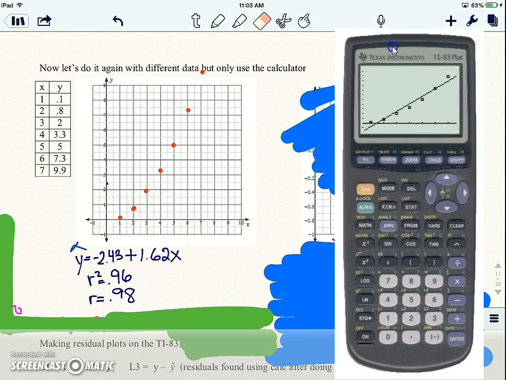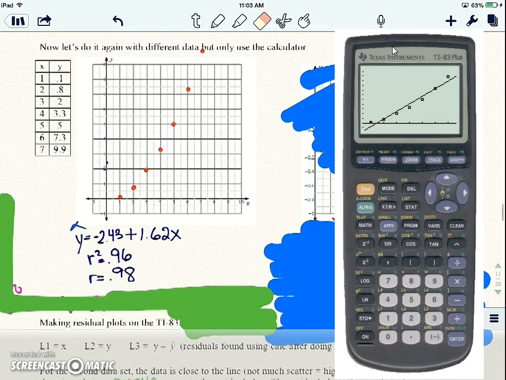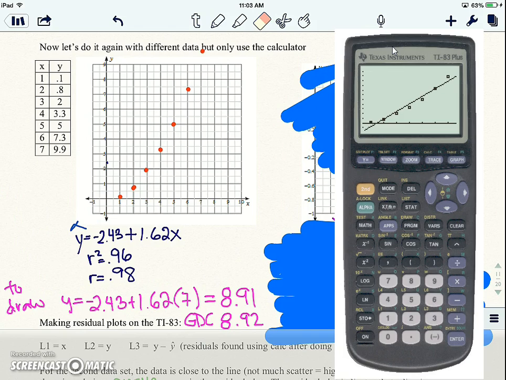Before we do that, let's go ahead and graph our y value. Notice, I'm going to clear this off right here, that if I want to draw it, I know my y-intercept is negative 0.243, so I'm going to go there. And that's actually hard to do on this graph. That was stupid of me. So negative 1, negative 2 in a little bit. Okay. And then I want to know where it's at 7.